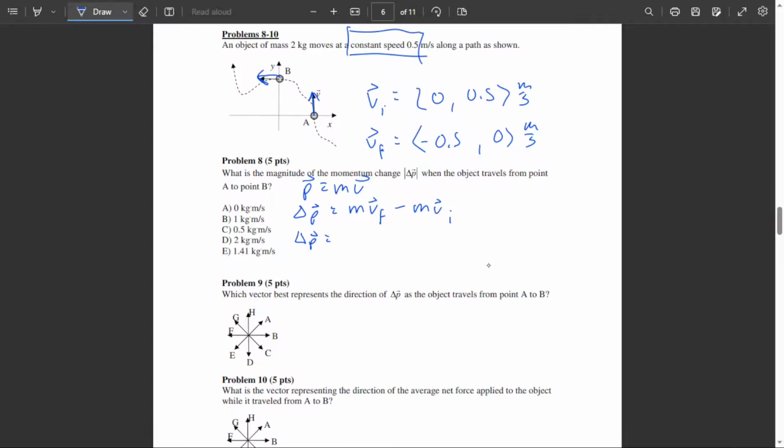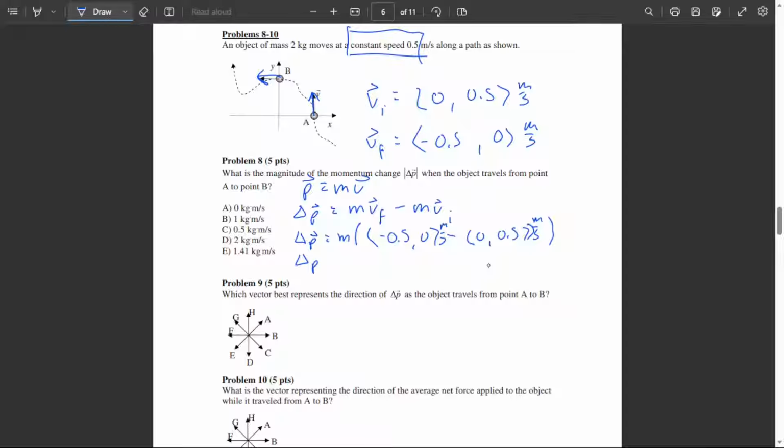Calculating change of momentum, get mass, and then final velocity minus initial velocity, or minus 0.50 minus 0.5 meters per second. Oh, there we go. Got the bracket in the right place.